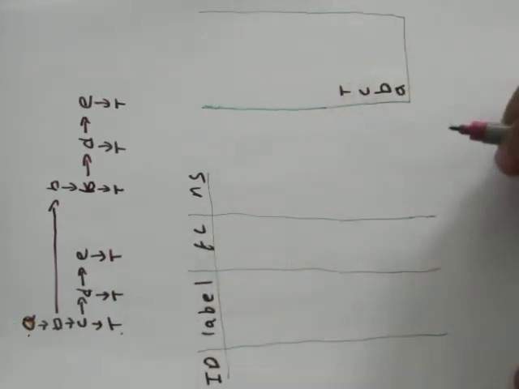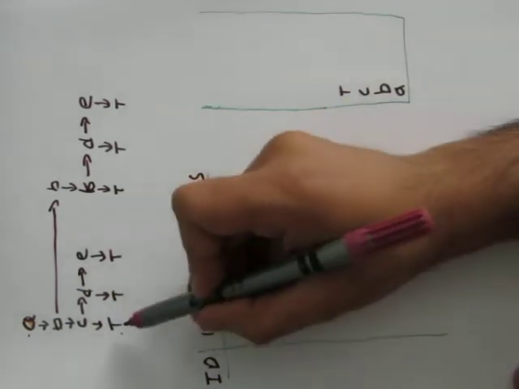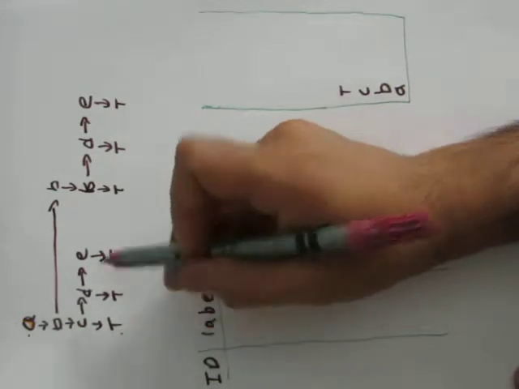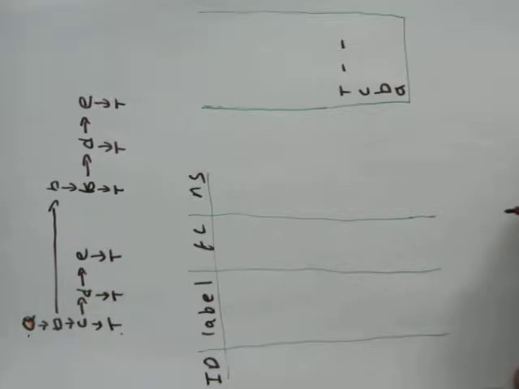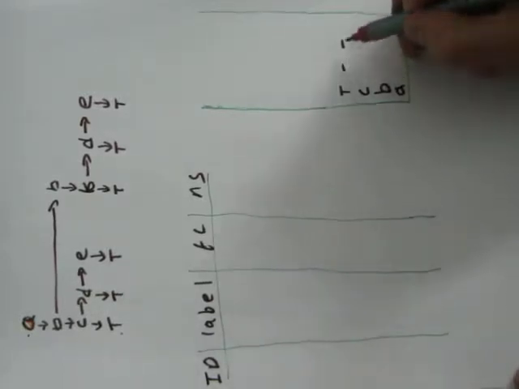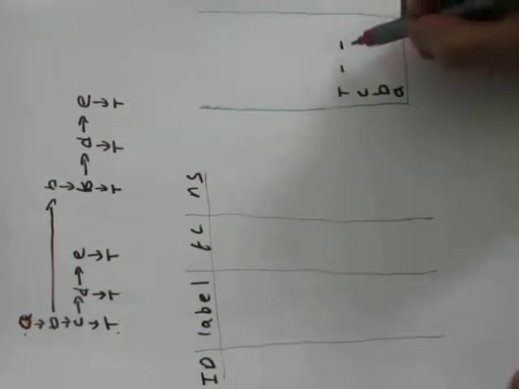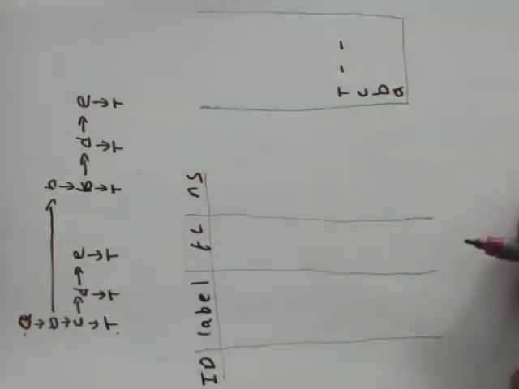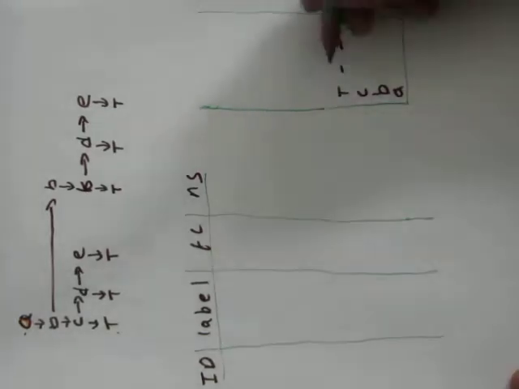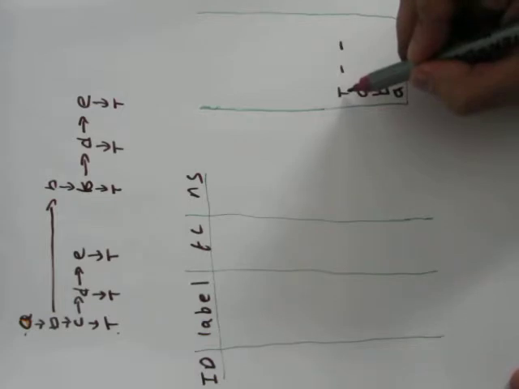Then we don't have anywhere to go, and the text node has no first child and no next sibling. So it's a leaf node, it doesn't have any first child or next sibling, so we just write dash dash, or null pointers, for first child and next sibling. So we know the first child and next sibling of this node.